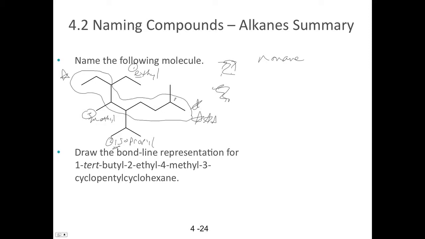Because 1, 2, you can give this methyl the 2 locant, where 1, 2, 3, you can give this ethyl the 3 locant. So this guy here is going to be the locant number 2, 3, 4, 5, 6, and 7. So that is the locant.